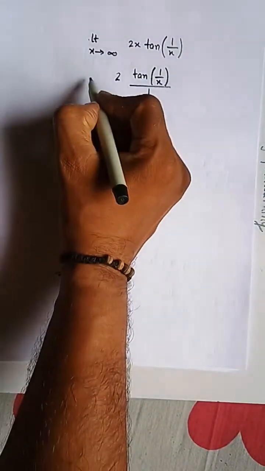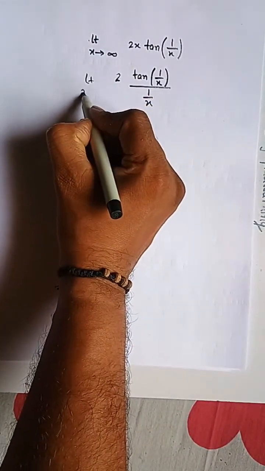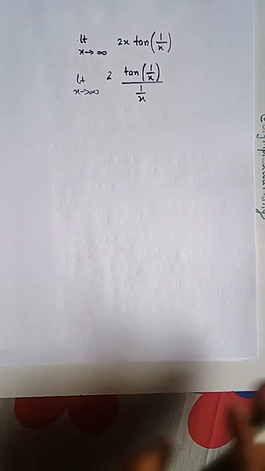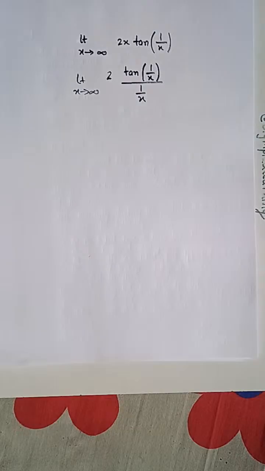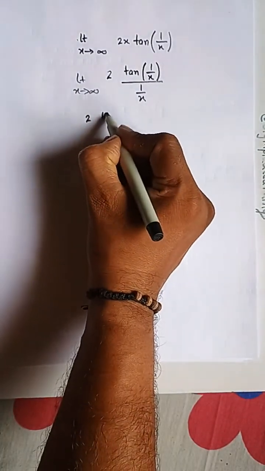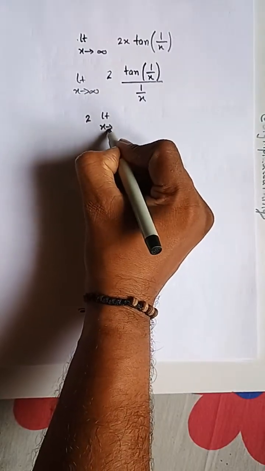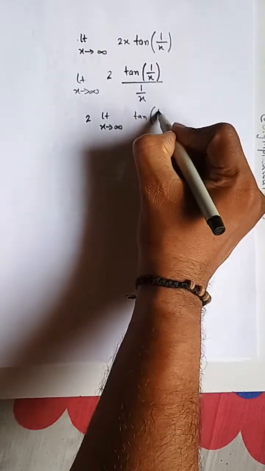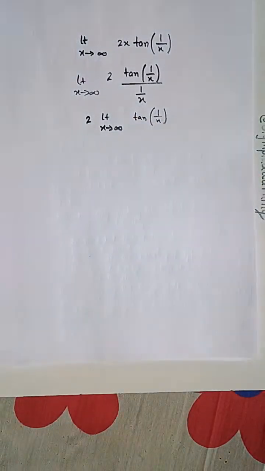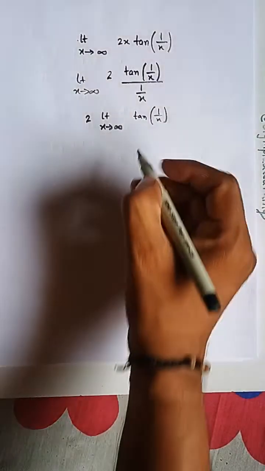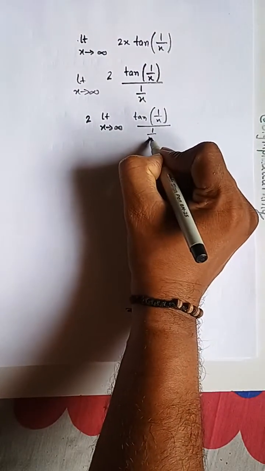So we have one proper condition, that is x tends to infinity. So what I can do, I can put this 2 outside and I can write limit x tends to infinity, then tan 1 upon x divided by 1 upon x.